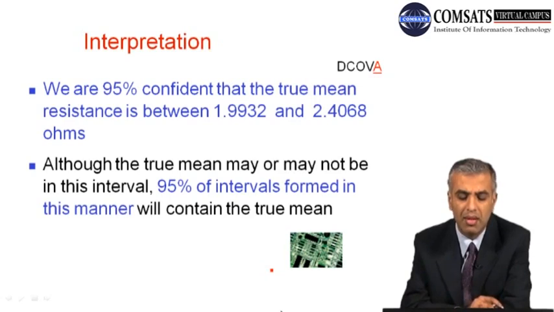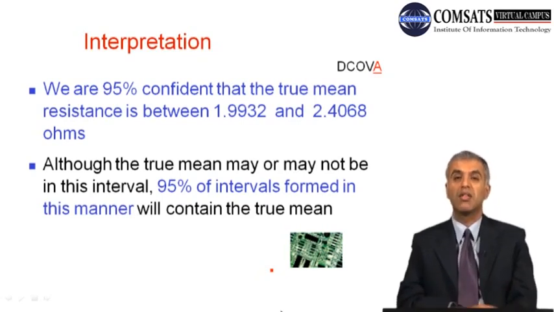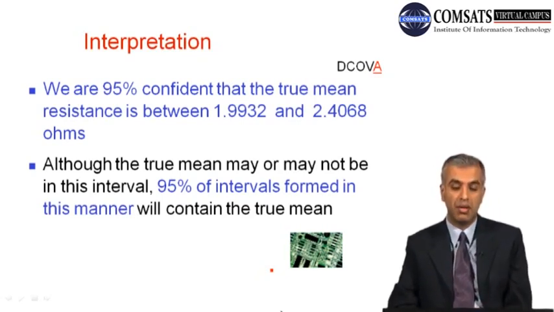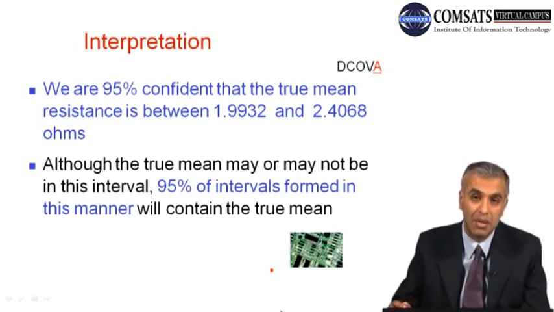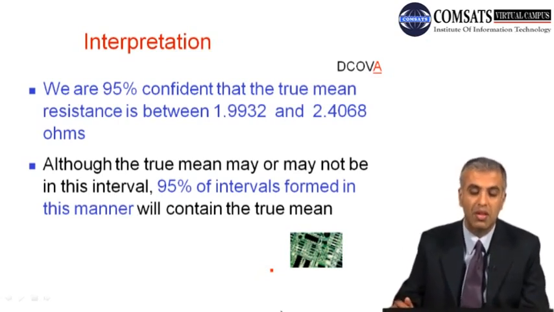So basically, through this example, the true mean may not be calculated in this case, but 95% of intervals which have been performed in this case will contain the true mean. So that's the exact interpretation of this solution.